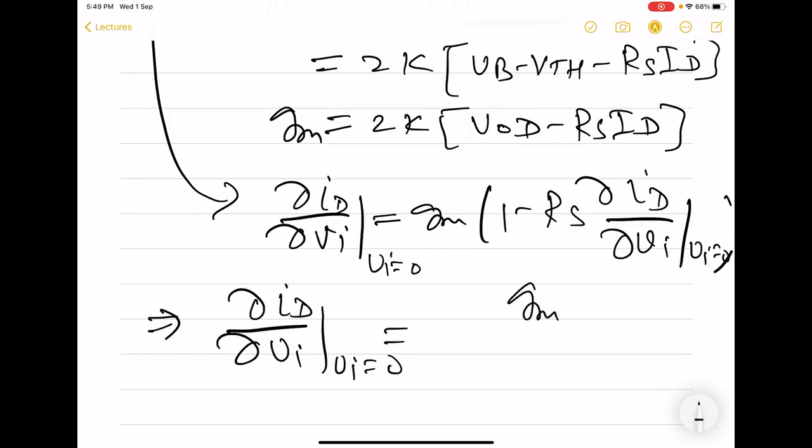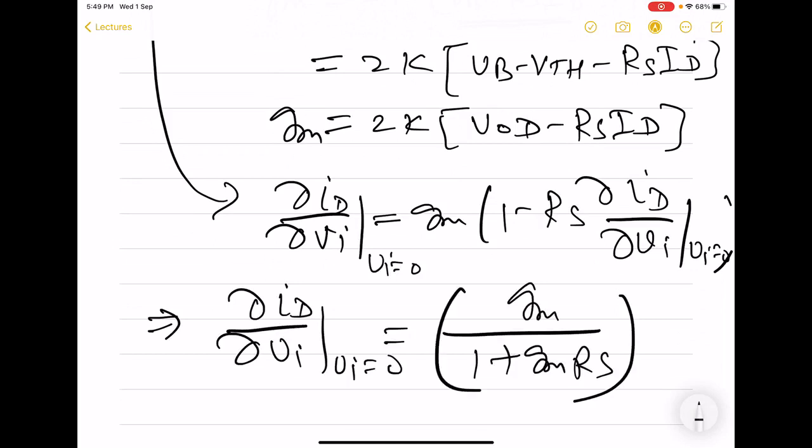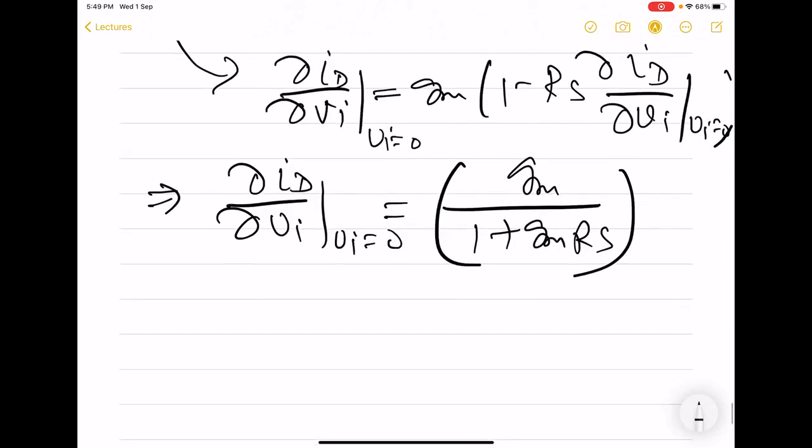This becomes GM by (1 plus GM Rs). And this we have seen is going to be equal to A1. And in this case, you can see it is positive. So we have found the first coefficient.